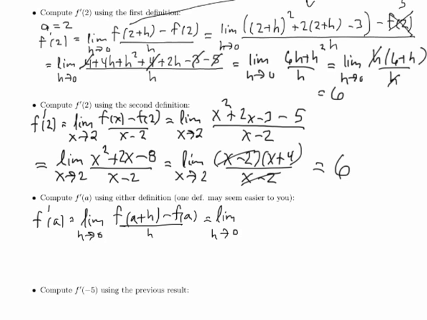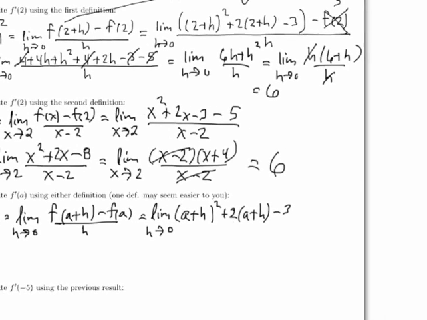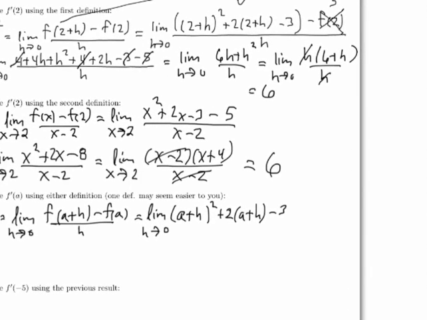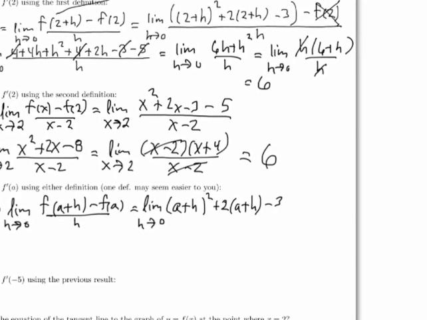So I evaluate my function at a plus h, so I have a plus h squared plus 2 times a plus h minus 3, minus the value at f of a, so a squared plus 2a minus 3.